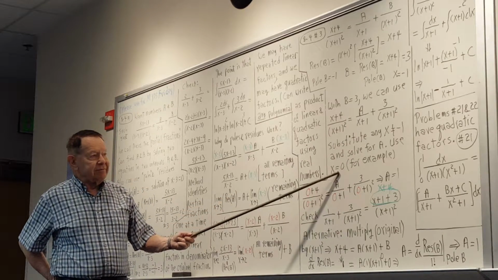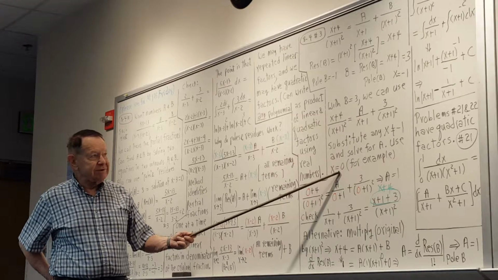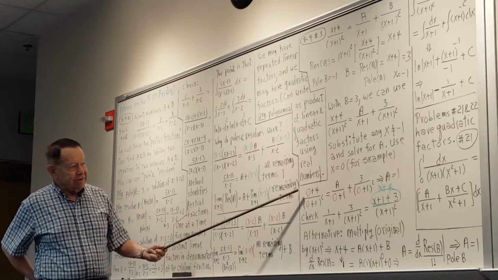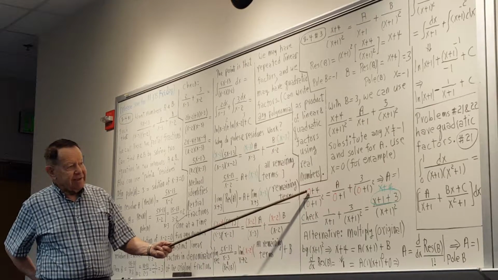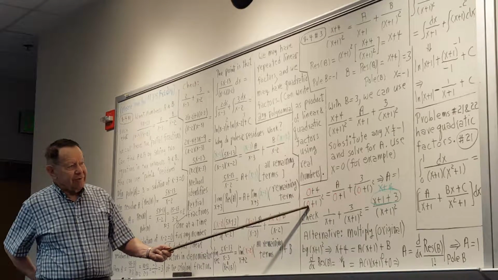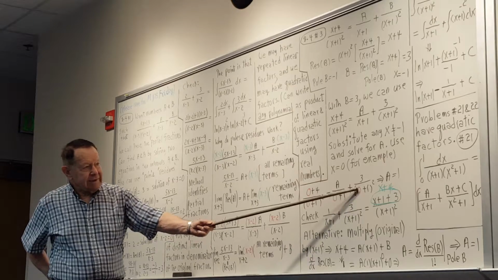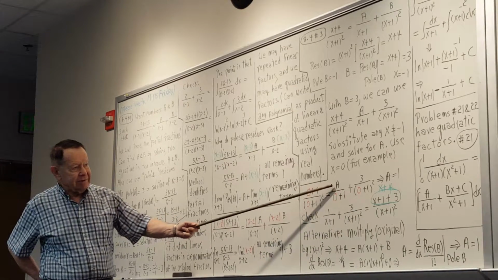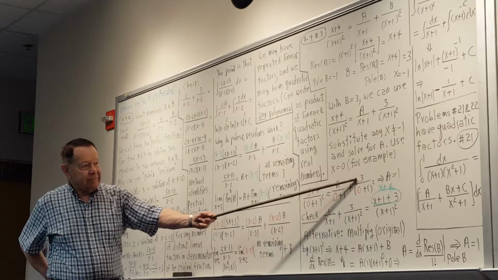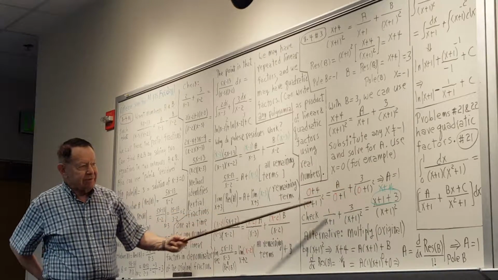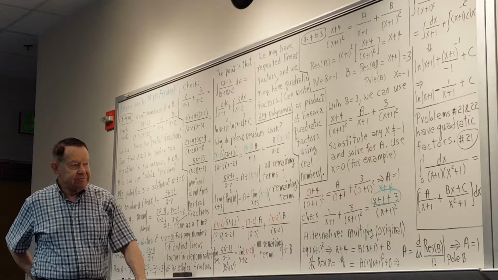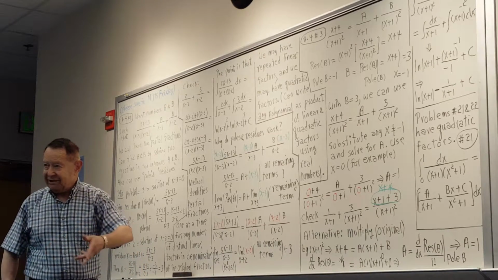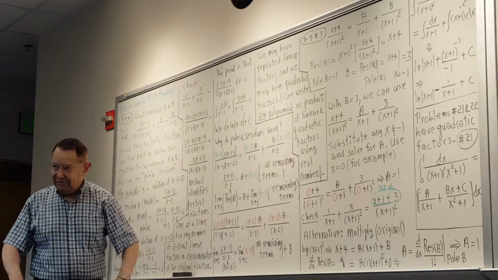For example, if you wanted to use x equals 0, which I did, I've shown you where it would go. And then what do you have? 4 equals a plus 3, so a would be 1. So that's a mix of poles and residues and substitution.